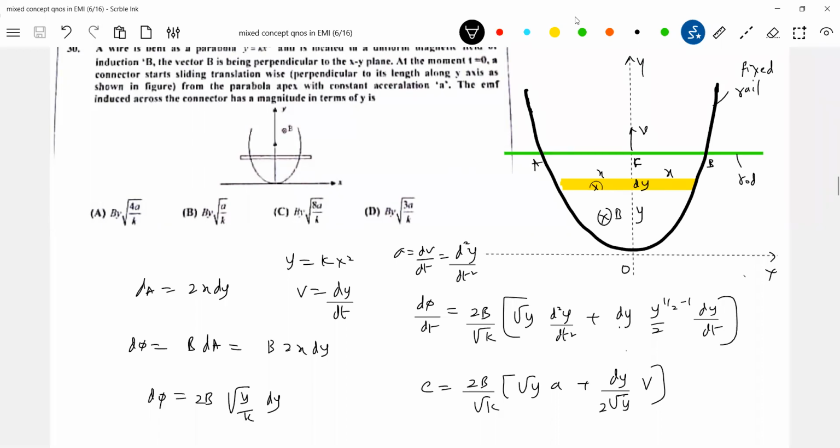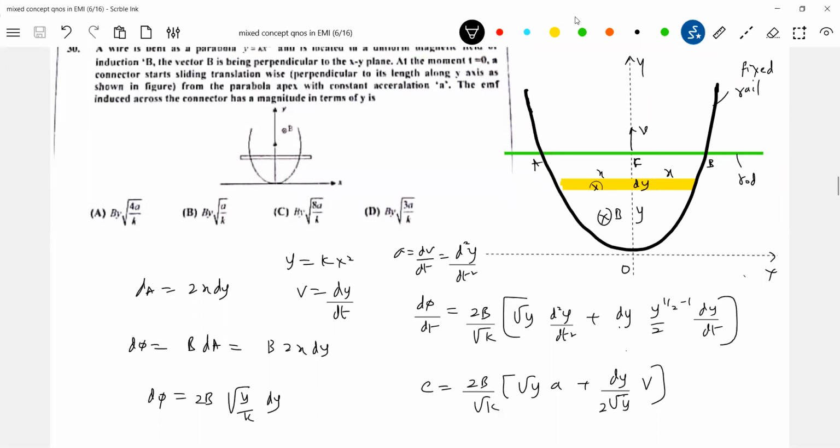This dy is one function, root y is one function, no? UV method I applied. Sir, you differentiated d phi, no, sir? If you differentiate d phi, what we get is d square phi by dt, not d phi by dt. If we differentiate phi, we get d phi by dt.